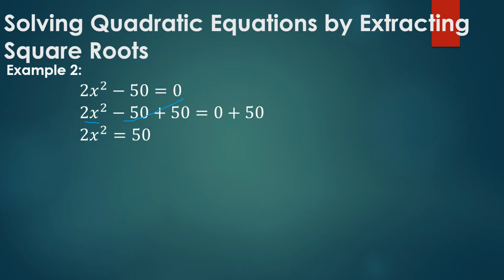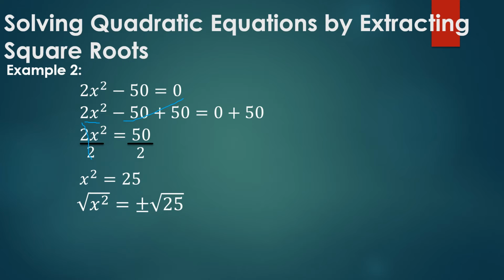And then we are going to divide both sides of the equation by 2 in order for us to isolate x squared on the left side of the equation. So we have 2 divided by 2 is maka-cancel na yan, and then 50 divided by 2 is equal to 25. So we have x squared is equal to 25. Now, by applying the concept of square root property, we are going to get the square root of both sides of the equation.